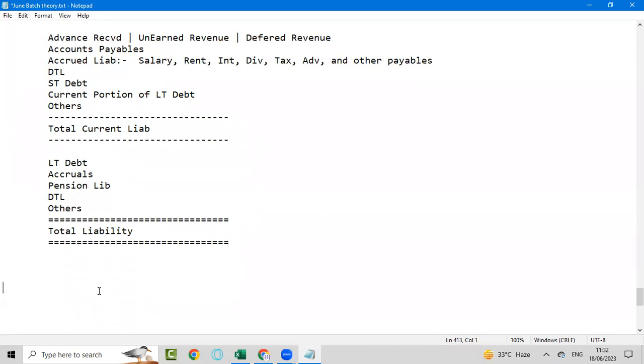After your total liability, we will have equity section. And this is important.